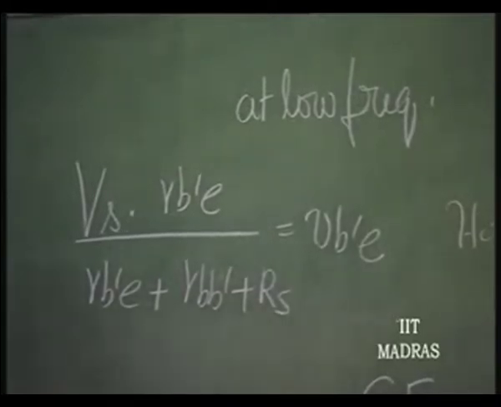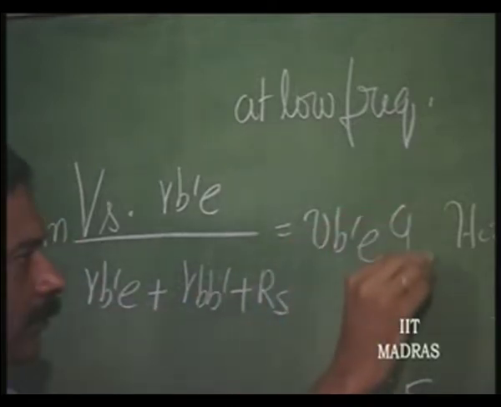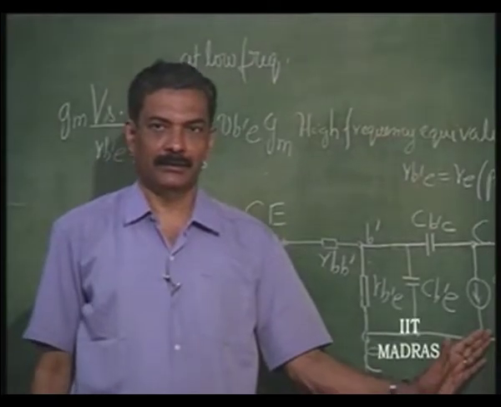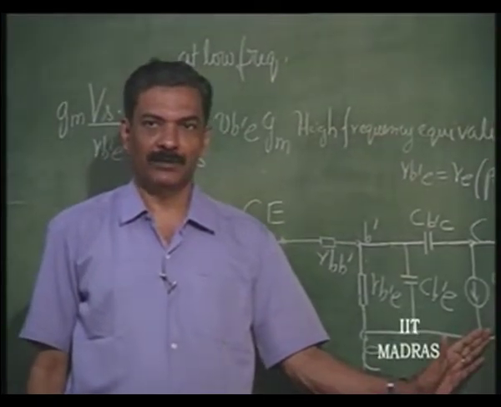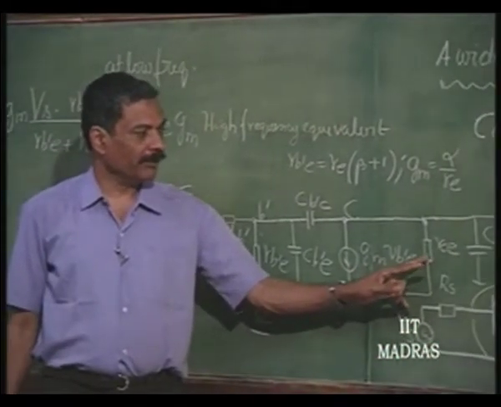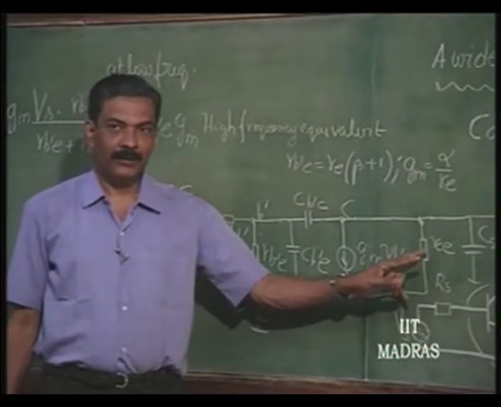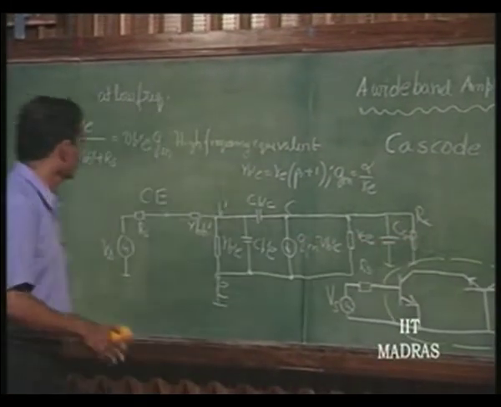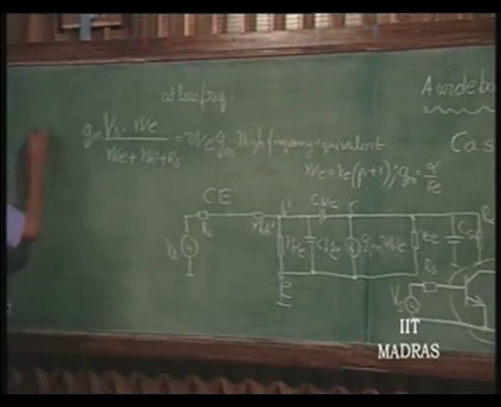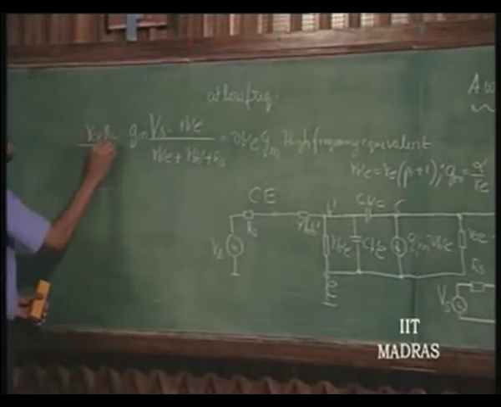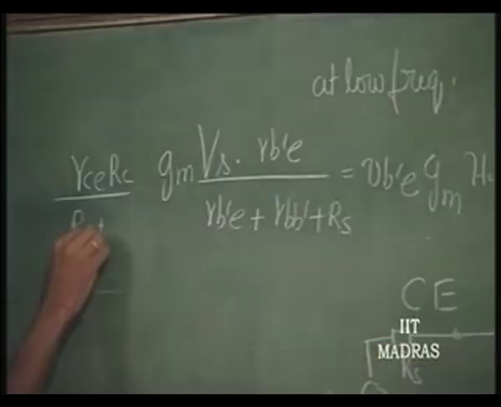This into Gm is the current in this, Gm into Vb dash E. That current will flow into the parallel combination of RCE and RC. So, this into RCE RC divided by RC plus RCE.